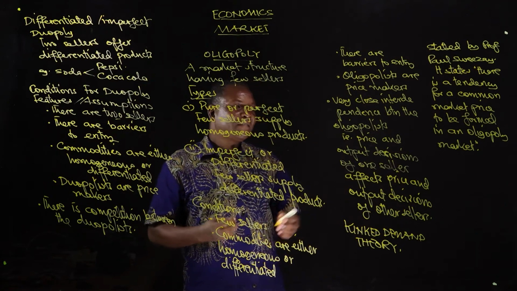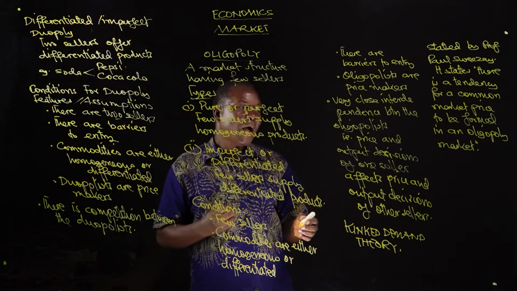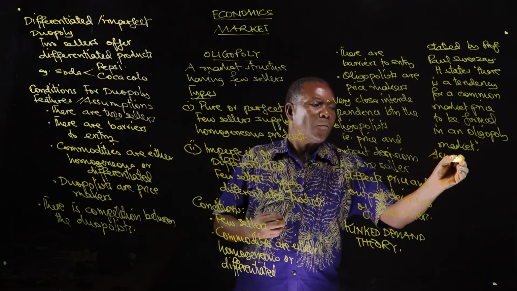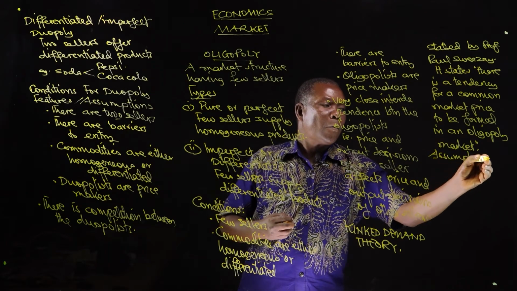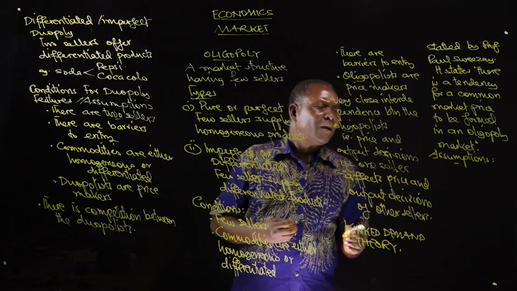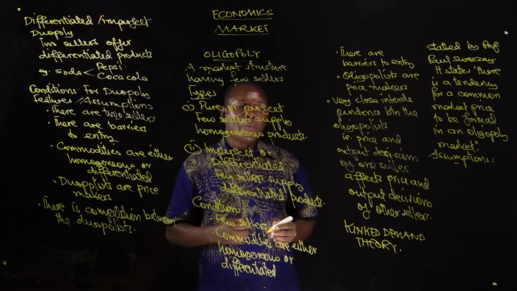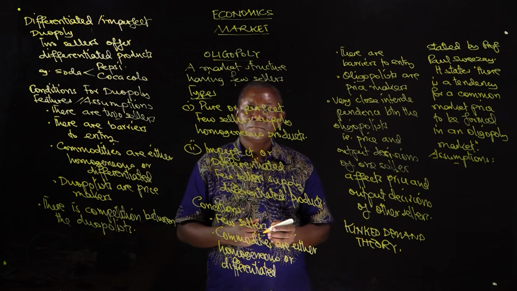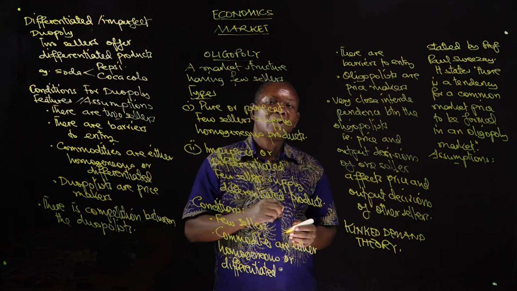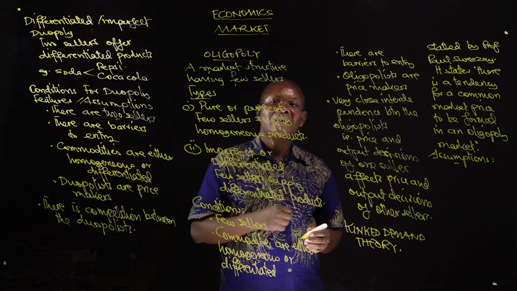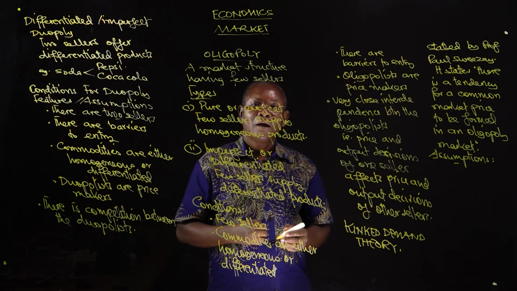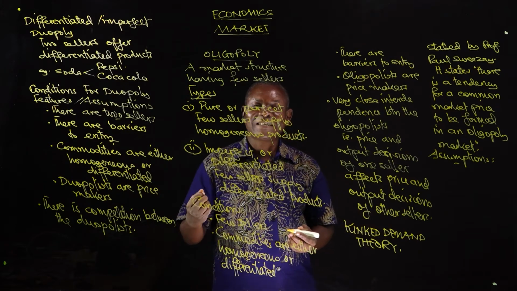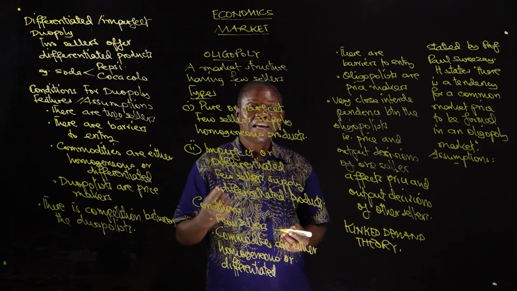And the theory assumes two items. When one of the oligopolists decides to increase the price, others will not follow such a seller. And the consequence will be that the buyers will run from such an oligopolist who has increased the price.